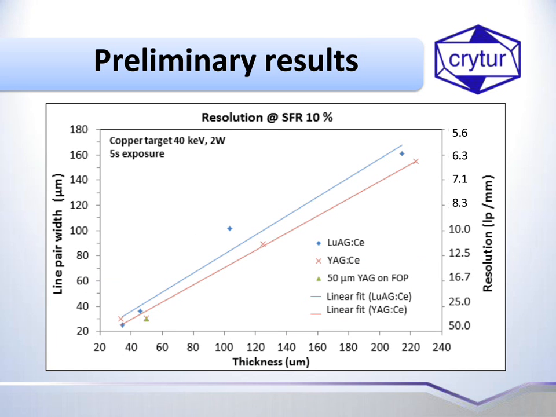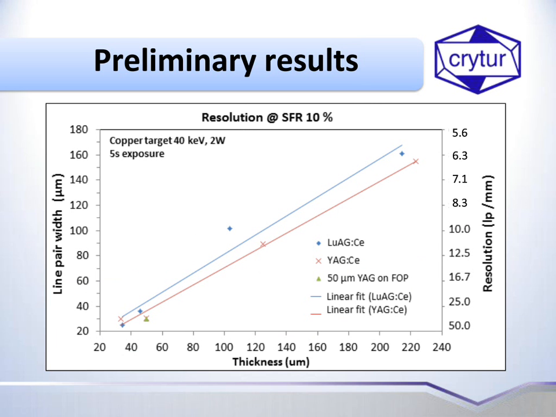We have a graph that shows the relation between resolution in line pairs per millimeter and thickness, which is not a good evaluation for us because it is reciprocal. One over the resolution is better, so we can speak about line pair width in microns, and we can see that the line pair width is linearly related to the thickness.